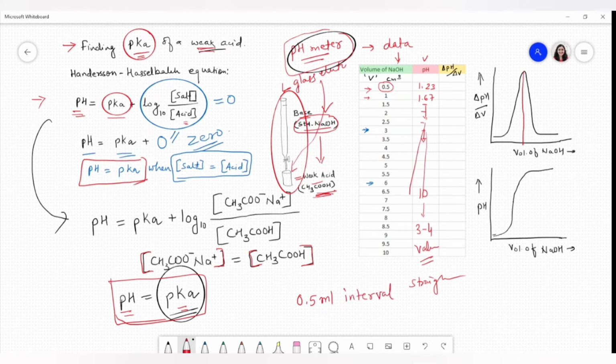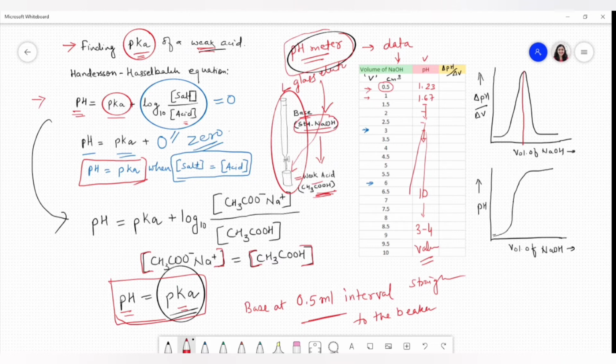We are adding a base at 0.5 ml interval to the beaker, and we get the values over here. Initially the values will increase gradually, and then we will get a point where there will be a sudden increase in the pH value.